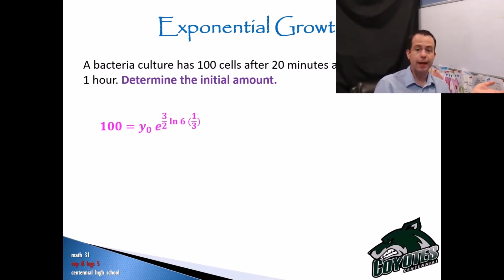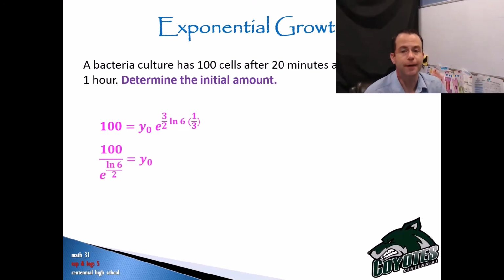Okay, so now going to solve for my initial population, I end up with 100 divided by e to the ln 6 over 2. Okay, this was 3 over 2 ln 6 times 1/3. So 3 over 2 times 1/3 is 3 over 6, and 3 over 6 reduces to 1 over 2.